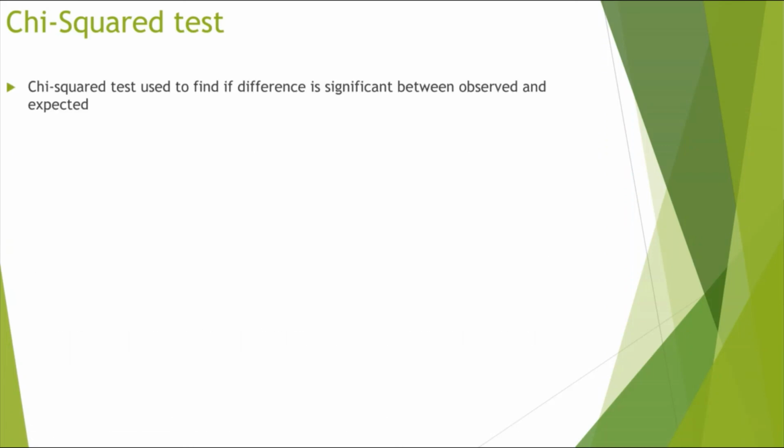Finally, the chi-square test. For inheritance, this is the most common, or the only test that they can ask you for. The chi-square test is used to find if the difference is significant between observed and expected.